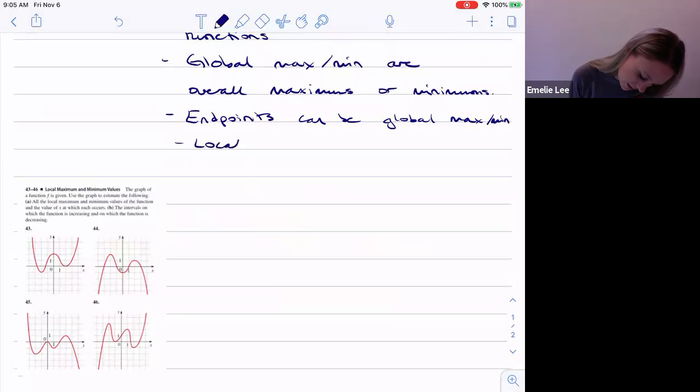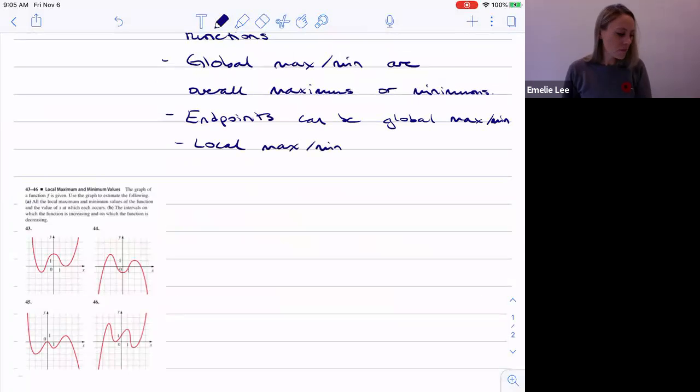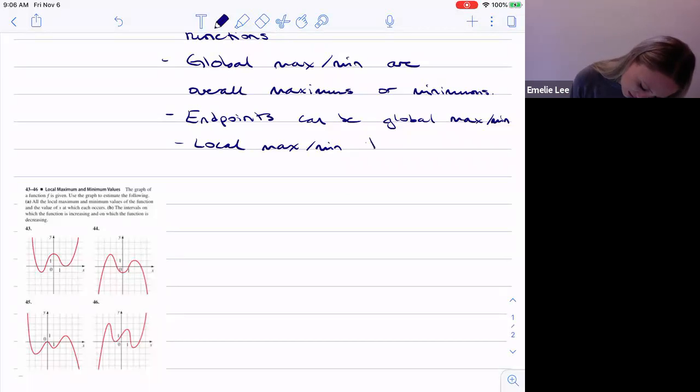For local max or min, our points are the smallest or largest, the most extreme in either direction, compared to neighboring points.